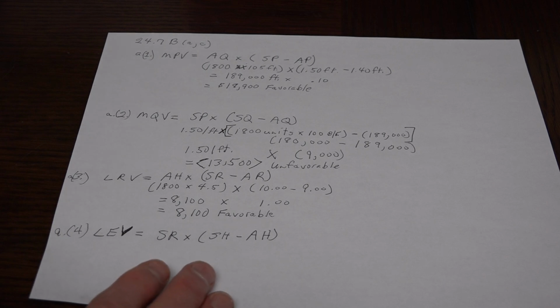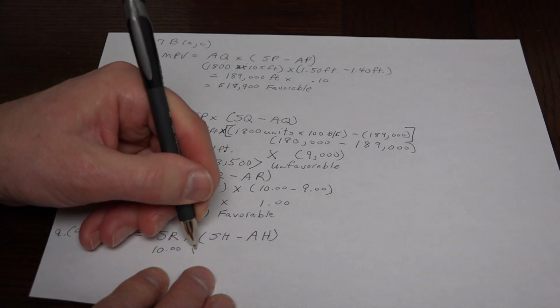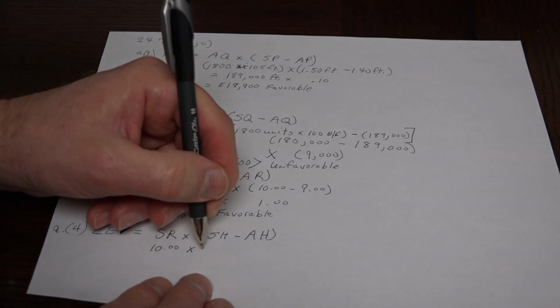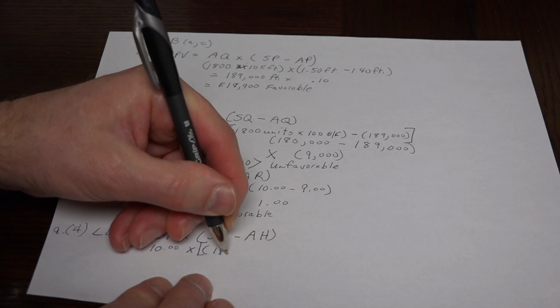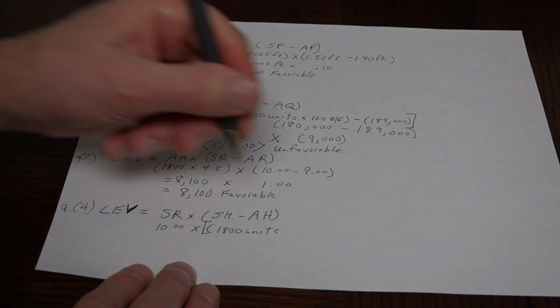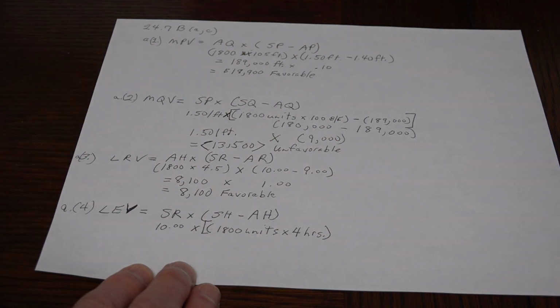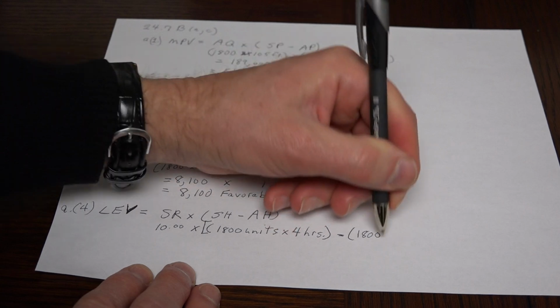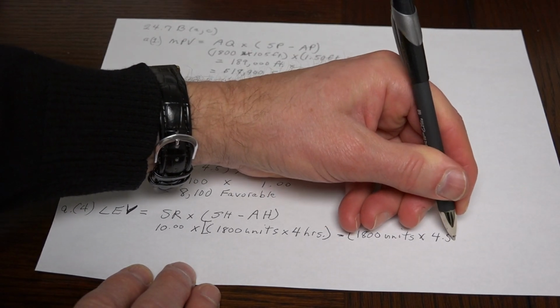So you're going to take your standard hourly rate of $10, and you're going to multiply that by standard hours, which is 1,800 units times 4 hours, minus 1,800 units times the 4.5 hours it actually took.